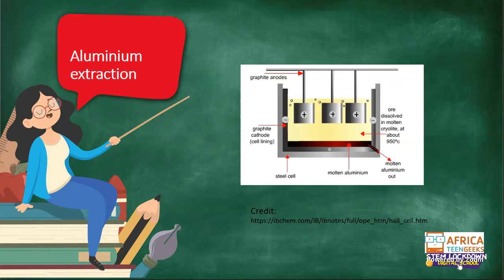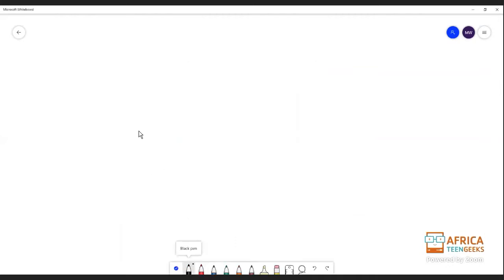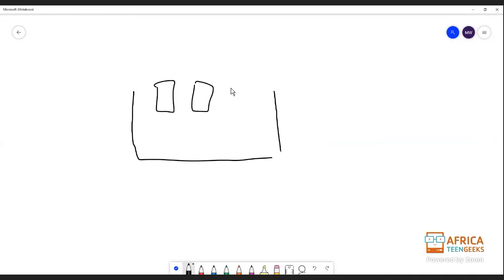So I'm just going to quickly bring my whiteboard just to make this easier. Okay, so just to quickly explain it again, you have your thing in there. Okay, so over here you've got your three anodes.